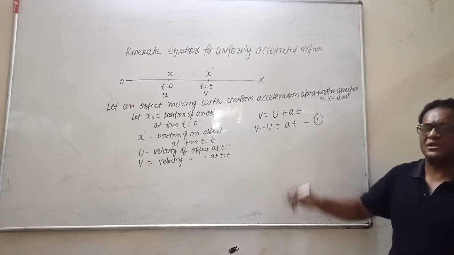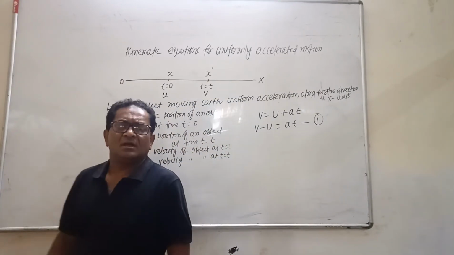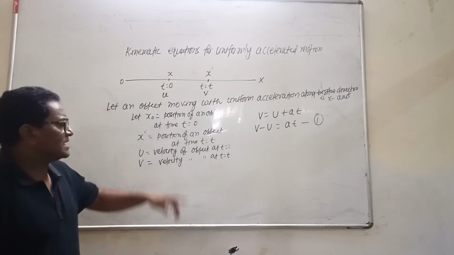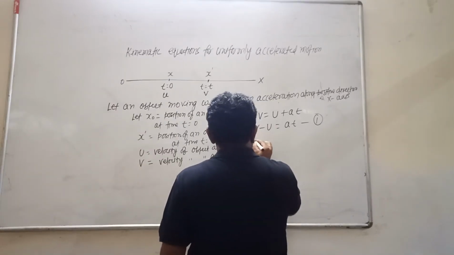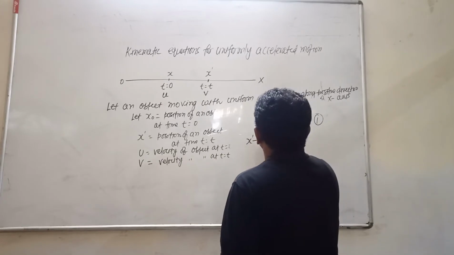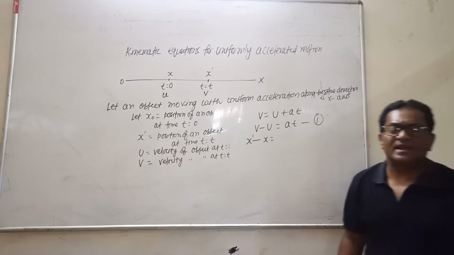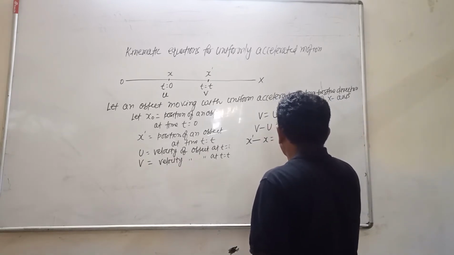We are using the first equation v equals u plus at and v equals u minus at, and x minus x naught. Previously we had seen x dash minus x was equal to average velocity v average into t.